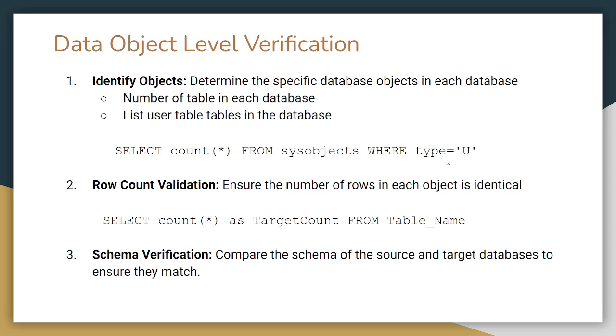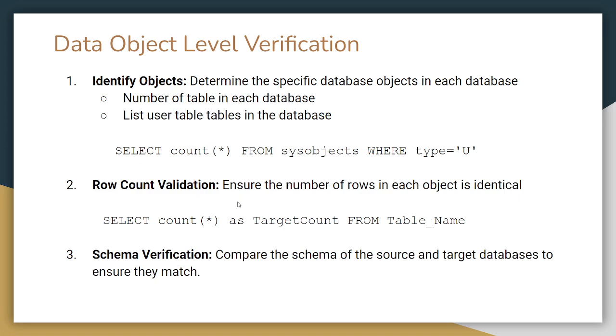So Sybase will have a system table and a users table. The users table will mostly have the users data, and the system table will have system data. So we'll use type U, that will mostly have the users data information.